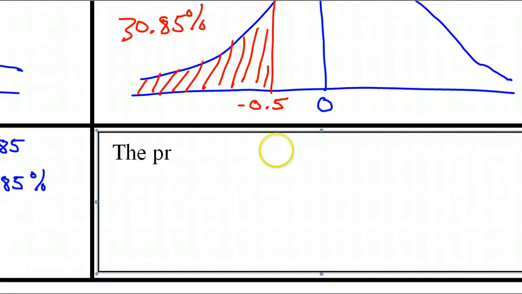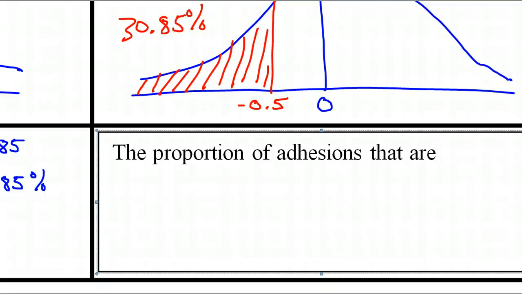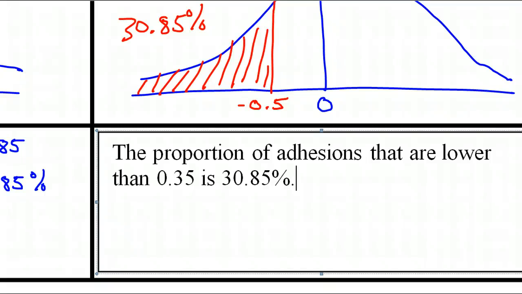Okay, the proportion of adhesions that are lower than 0.35 is 30.85%.